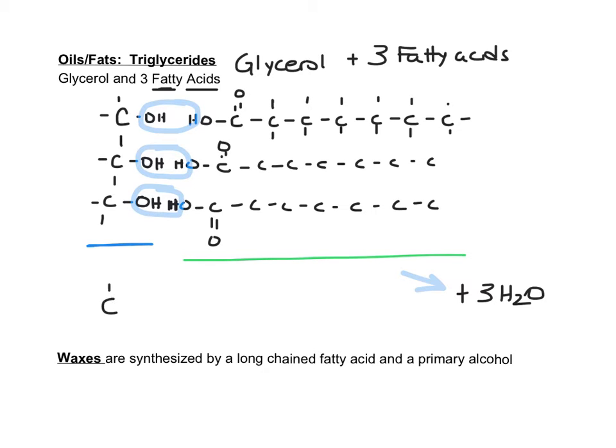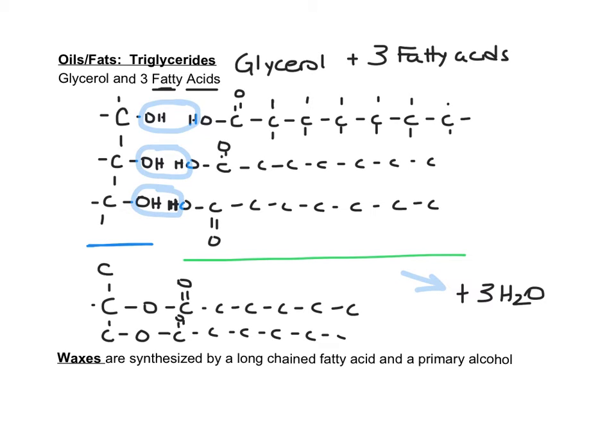So the glycerol would keep going down this way, okay? And then you would get the O, and then the carbon with the double bond O, and C, C, C, C, C. And then if you kept going, you would get another one. I'll put it up here. I might as well draw it out because then it's sort of clear to see.